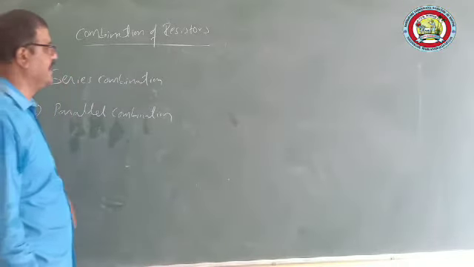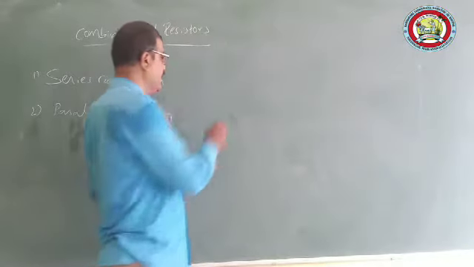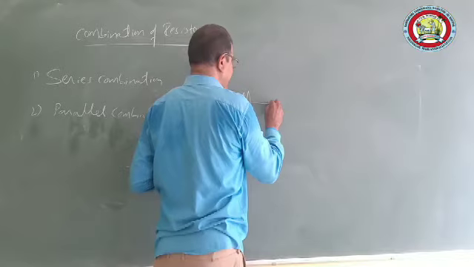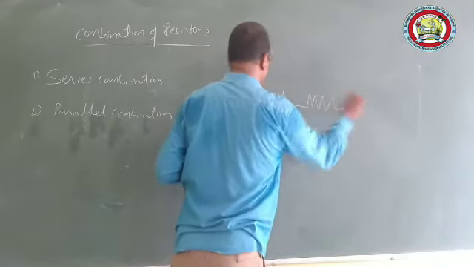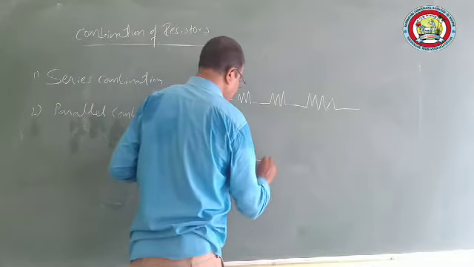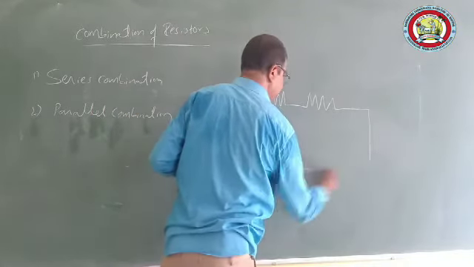Series combination and parallel combination. First we will start with series combination. In series combination the resistors are connected end to end across a cell or a battery.